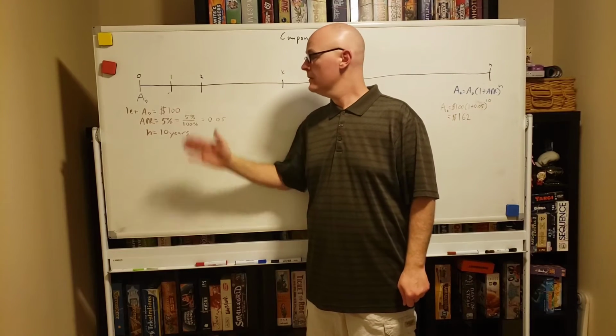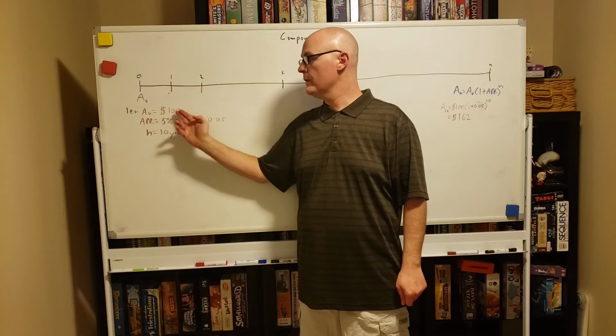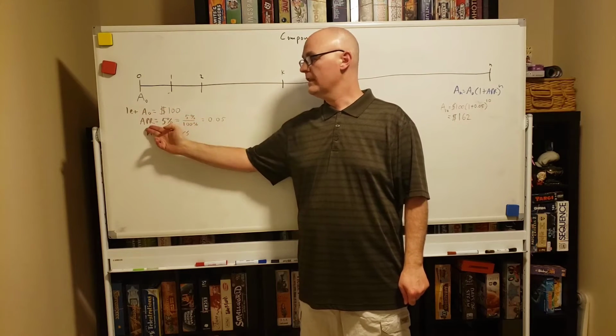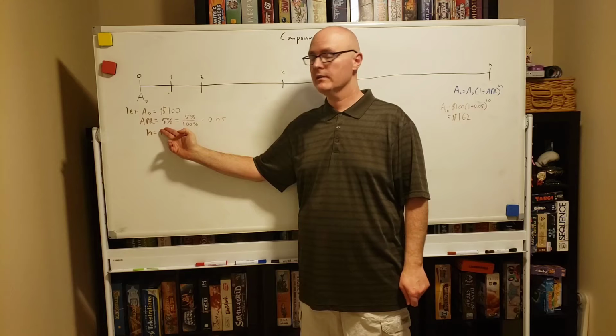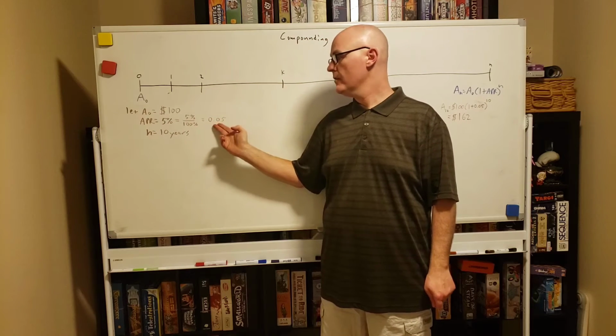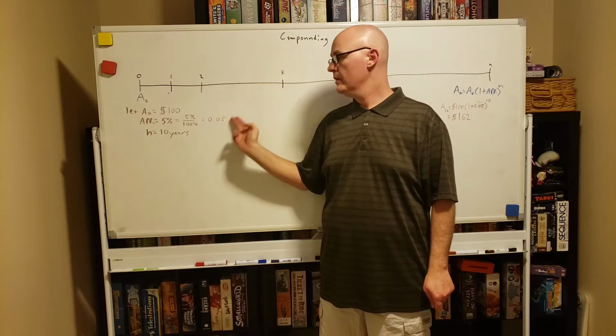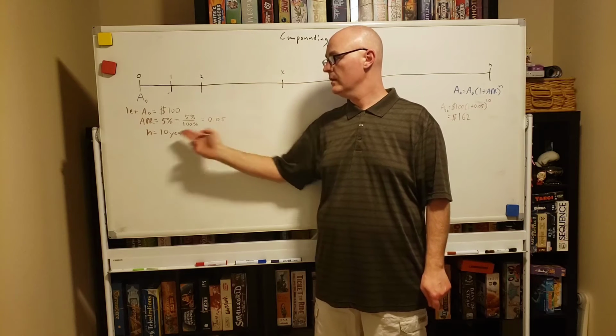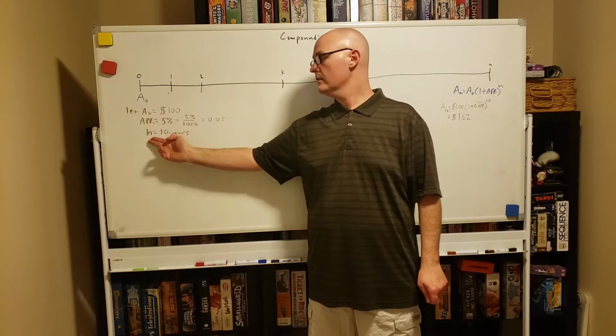So for an example, let's let A0 equal $100. Let the APR equal 5%. 5% divided by 100% is 0.05. So that's the number we will use in our equation. And let's go for 10 years.